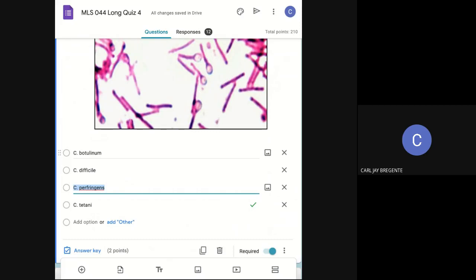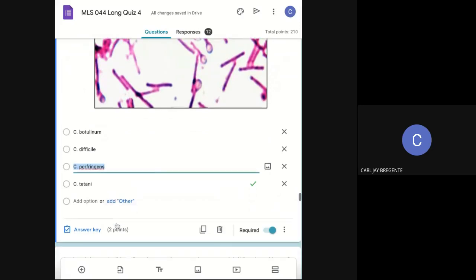For Clostridium difficile, sometimes central, sometimes subterminal. For Clostridium perfringens, definitely subterminal. The most terminal spores belong to Clostridium tetani, which is also why it is named tetani.